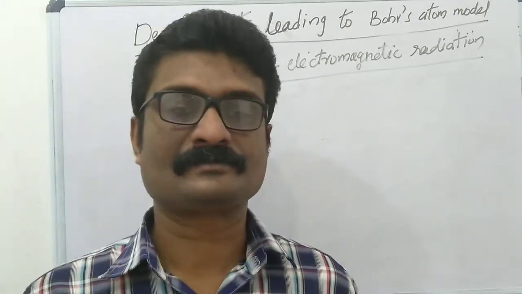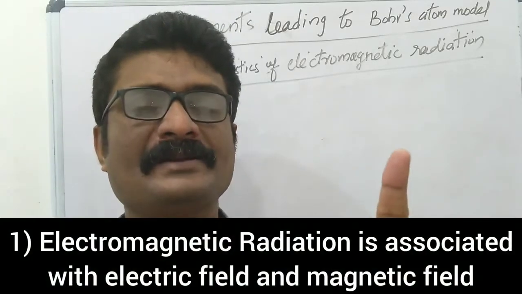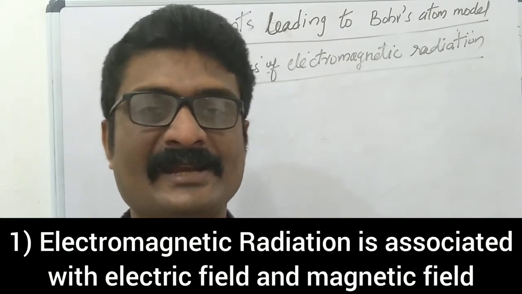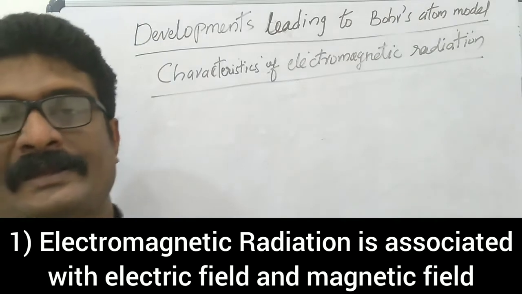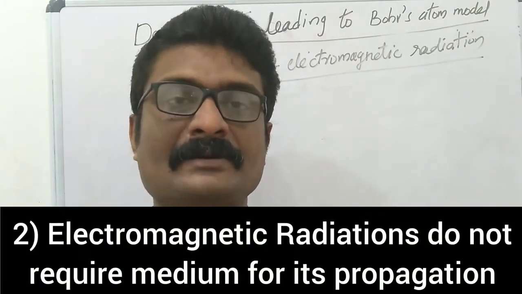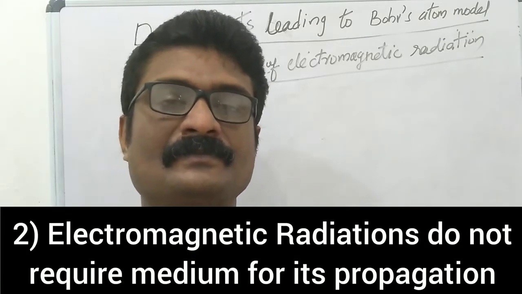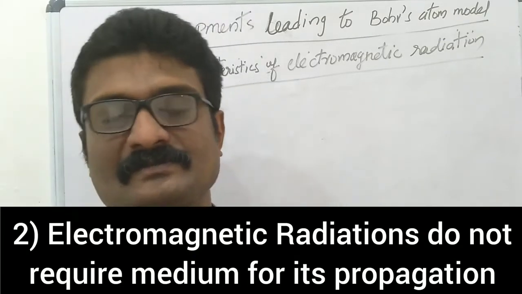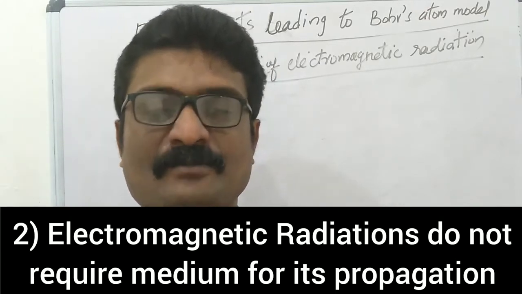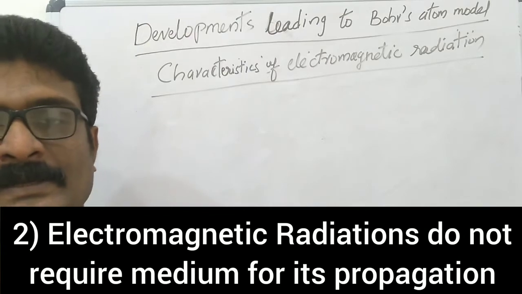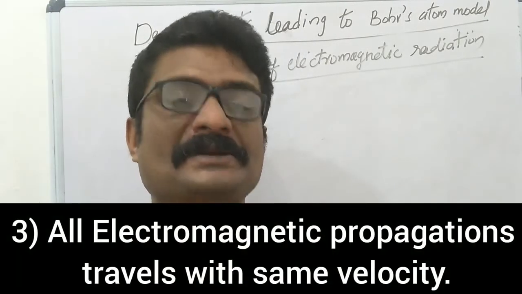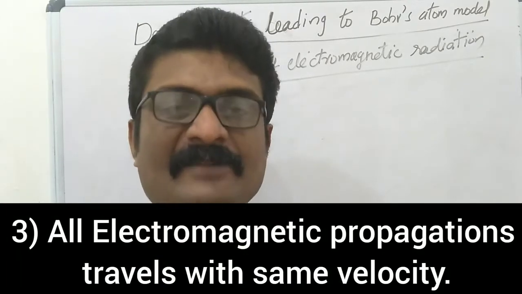Number one, electromagnetic radiation is associated with the electric field and magnetic field. Number two, electromagnetic radiations do not require a medium for their propagation. Number three, all electromagnetic radiations travel with the same velocity.